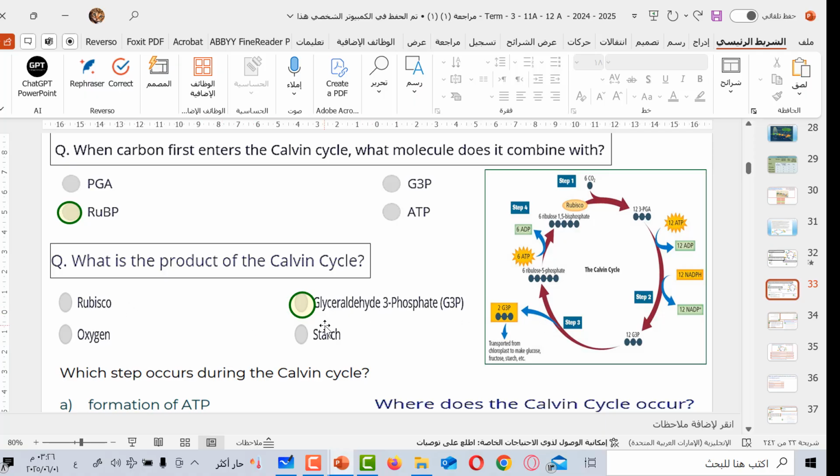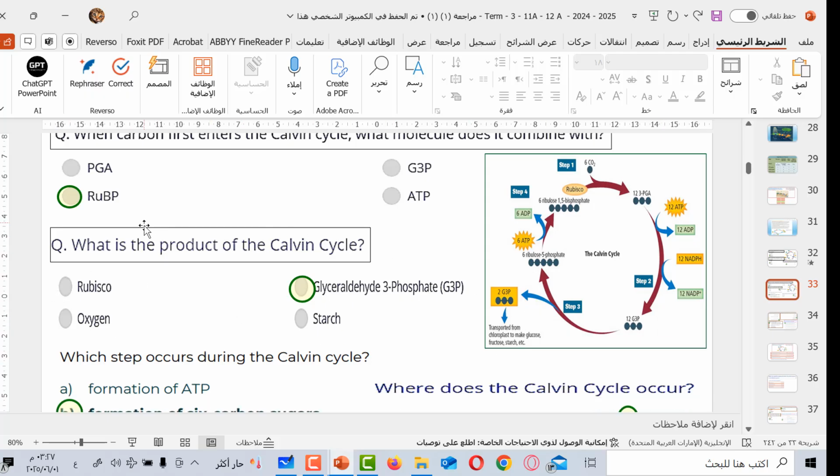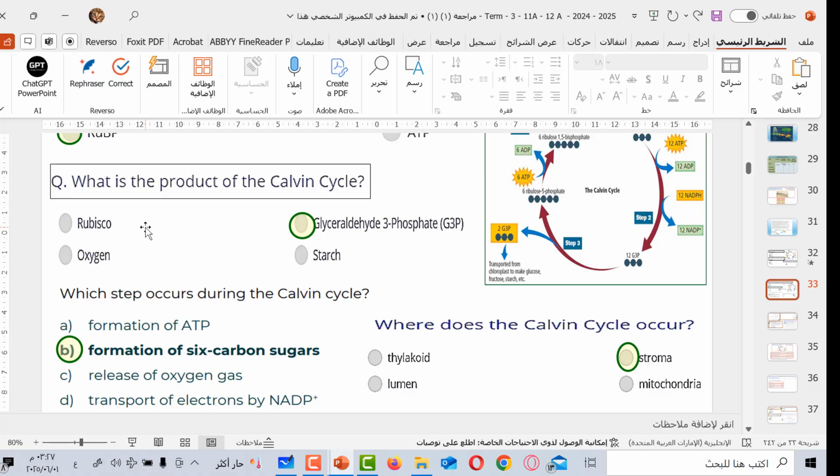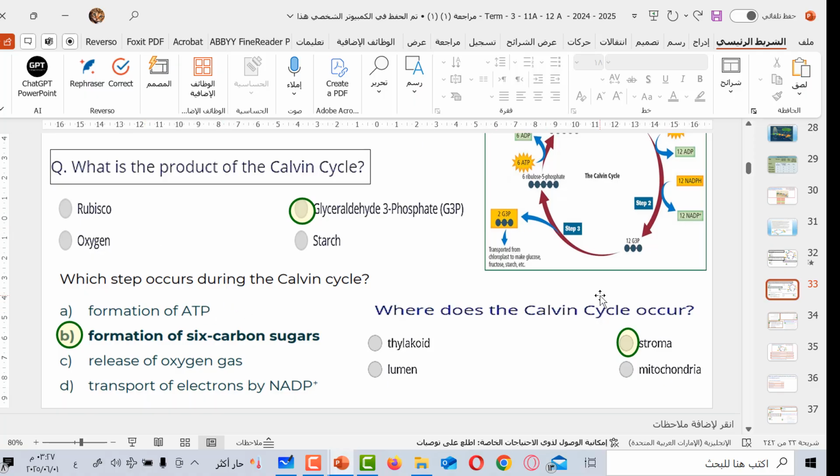Let us see, glyceraldehyde 3 phosphate. Yes, this G3P. G3P is called glyceraldehyde 3 phosphate. Okay, nothing else. Okay, where does the Calvin cycle occur? In the stroma, as we said before.